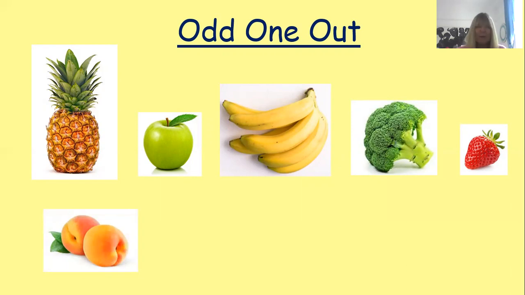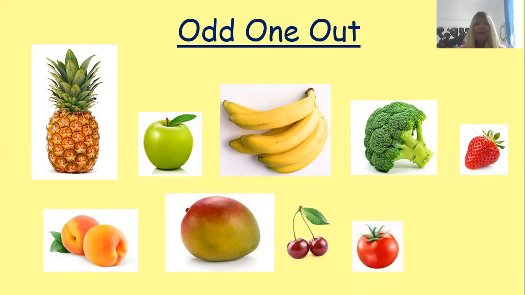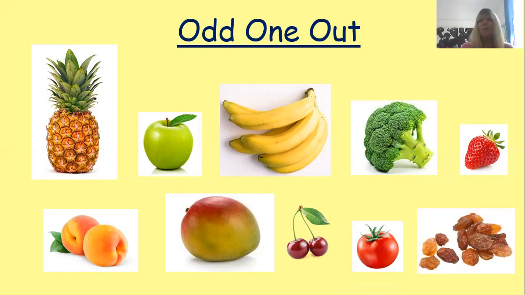Right, now we're on to a picture of peaches, 2 peaches. Then another picture of a fruit. Do you know where this comes from or what it's called? It's mango. Cherries, tomato, and some sultanas.